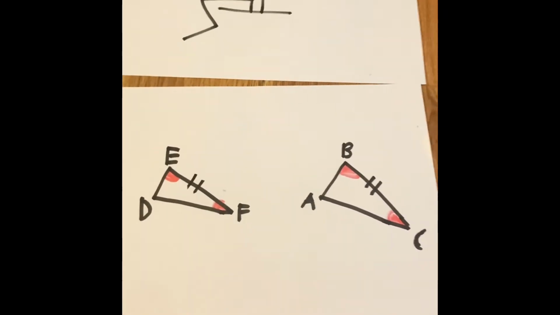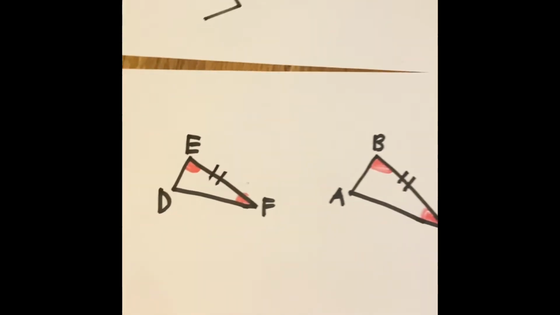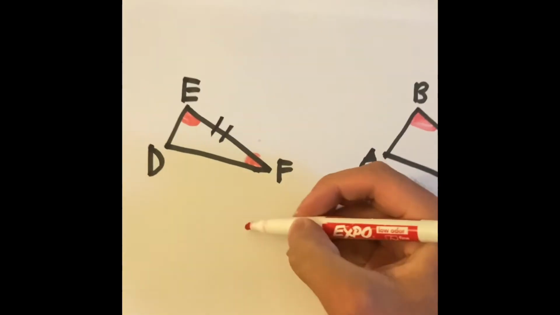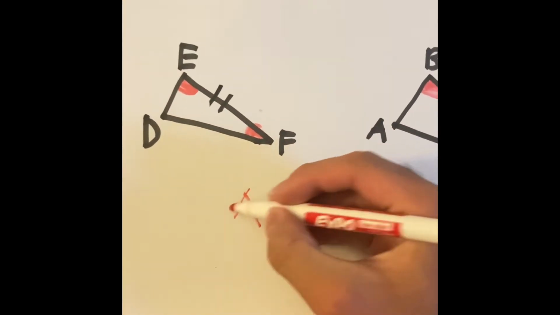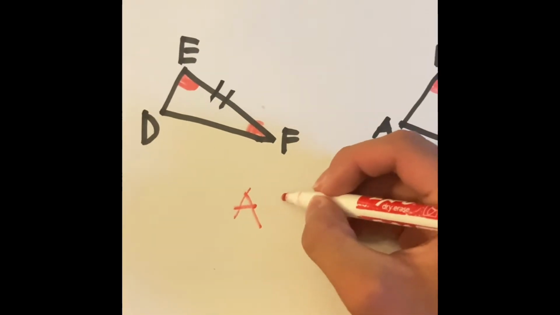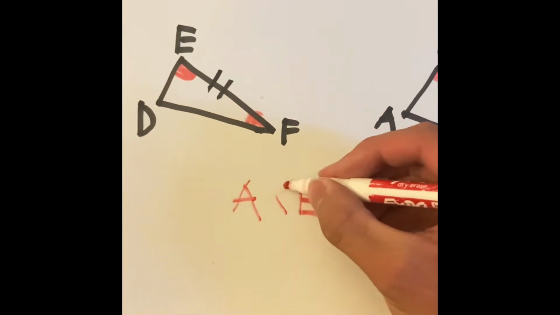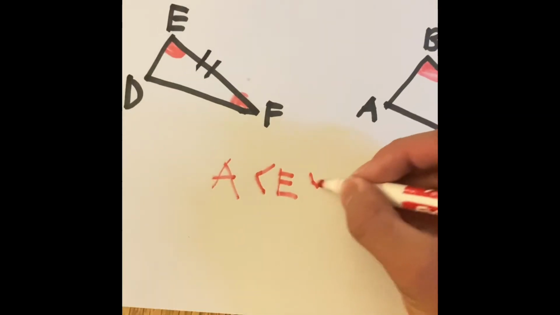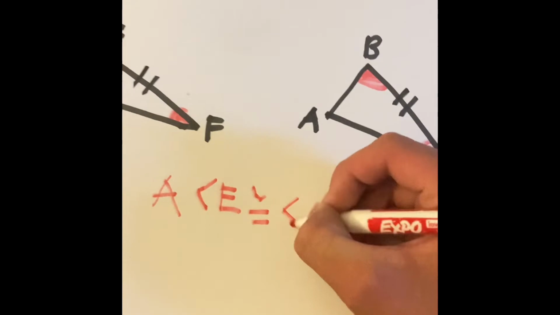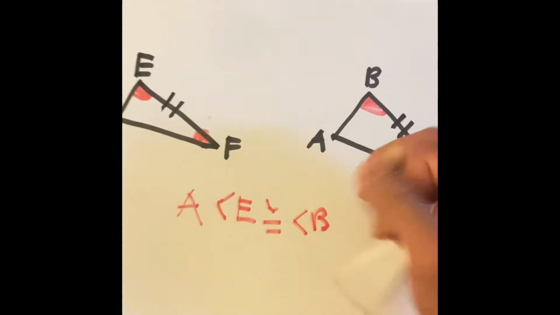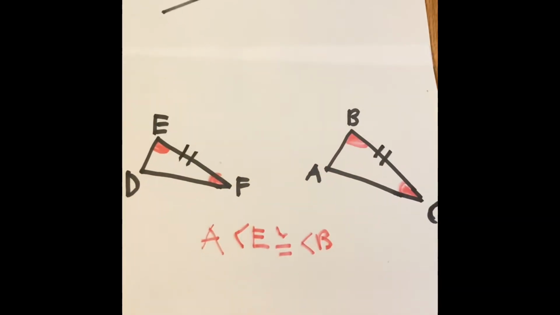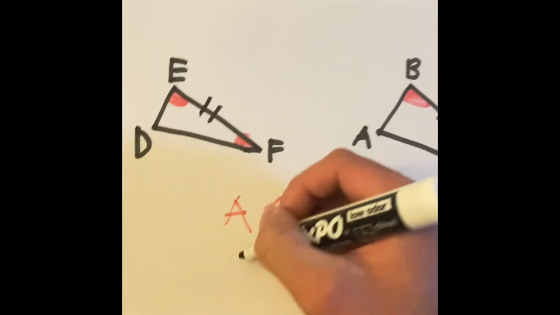Well, in order to prove them congruent, we're going to start with an angle. Angle E is going to be congruent with angle B. Back to sides.